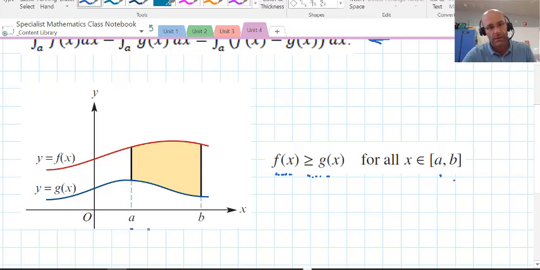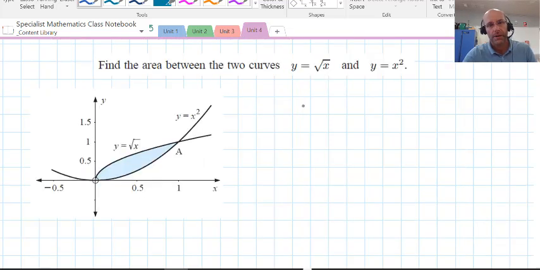So if we look at the interval from a through to b, that area is the area there in the brown where my cursor is. This is actually quite useful in a lot of ways, and it will also underpin some of the work we're going to do in the near future, such as volume of revolution. So this is fairly important stuff.